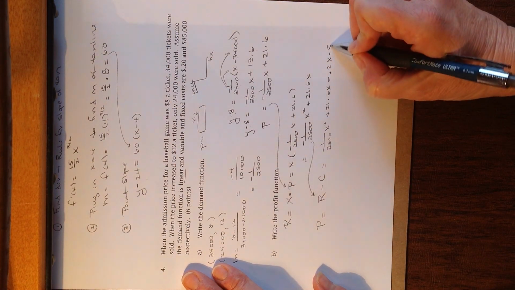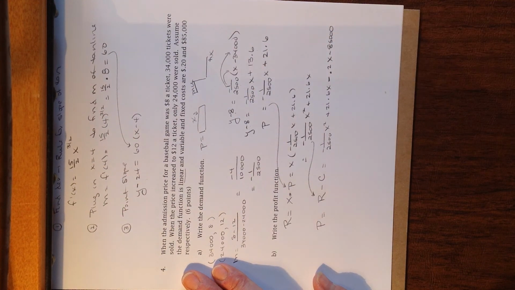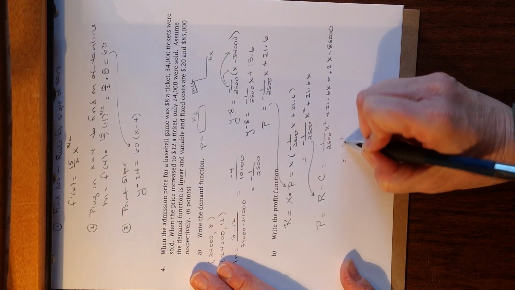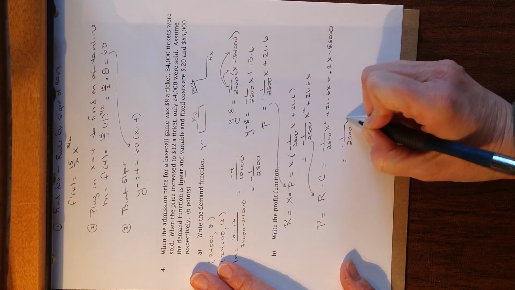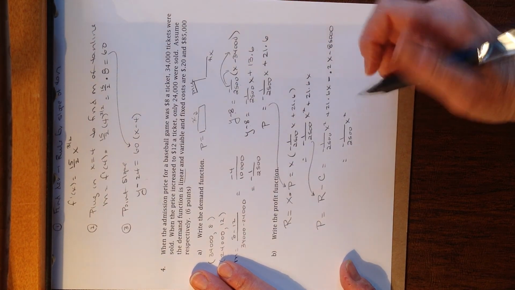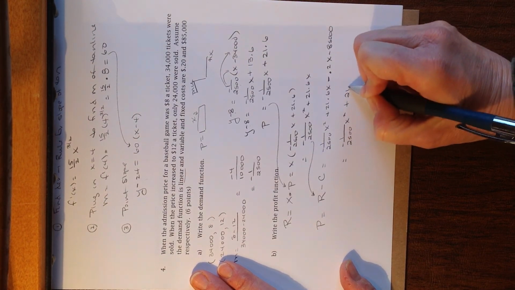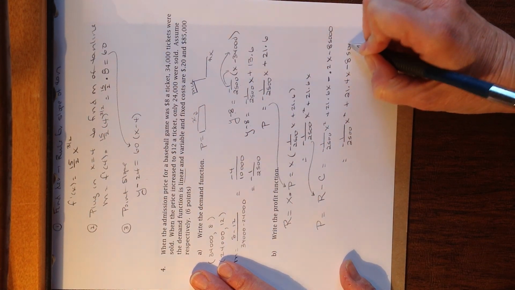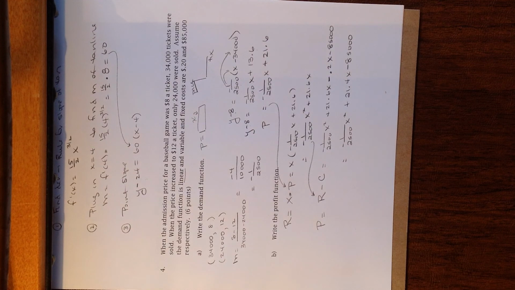And I'm going to subtract my fixed cost, which has nothing to do with the number of tickets I sell. So my profit function ends up being negative 1 over 2,500x squared plus 21.4x minus 85,000. And that's the end of B.